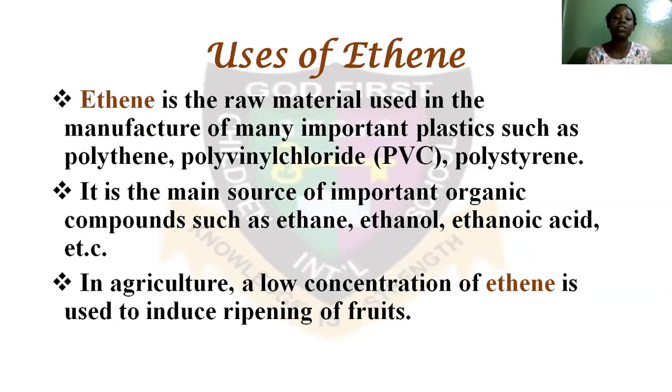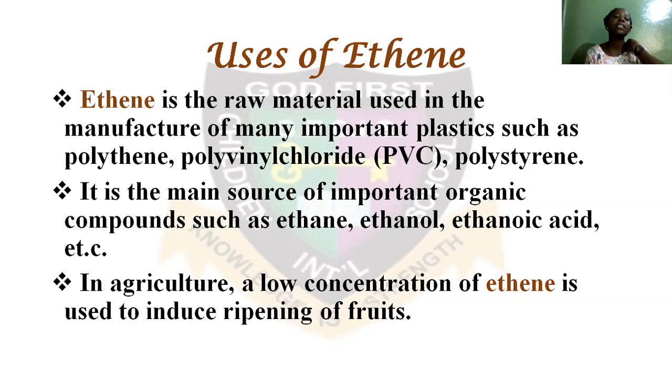So, uses of ethene. Ethene is a raw material used in the manufacture of many important plastics, such as polythene, which I mentioned before, polyvinyl chloride. I'm sure you know PVC, used in our homes for making roofing sheets and stuff like that. Then polystyrene. Polystyrene is also a very important plastic.